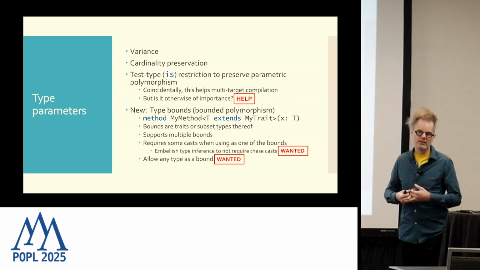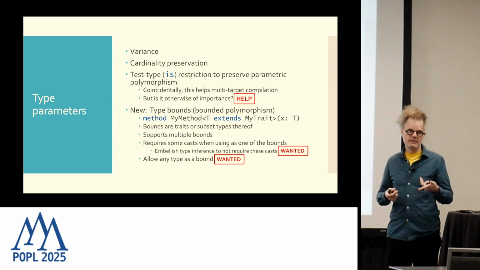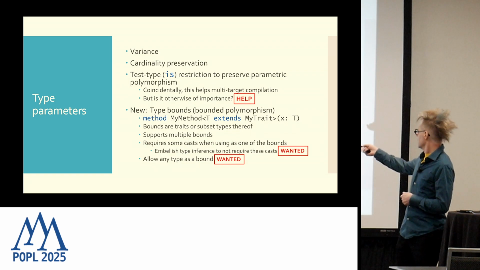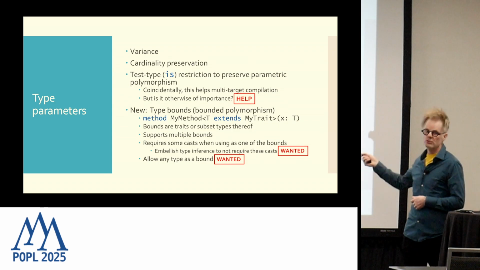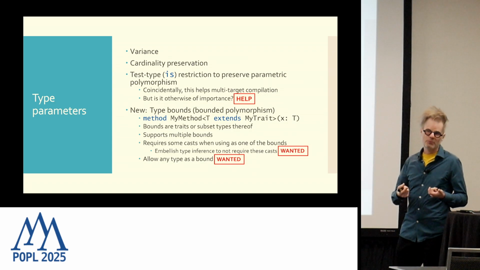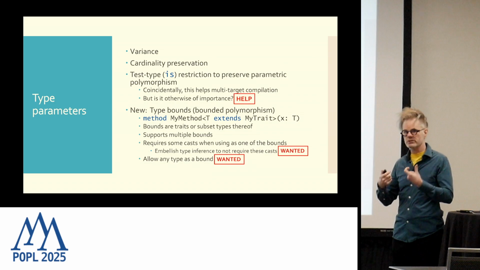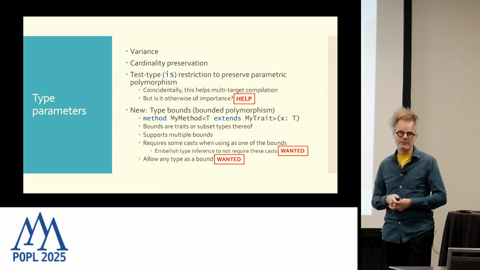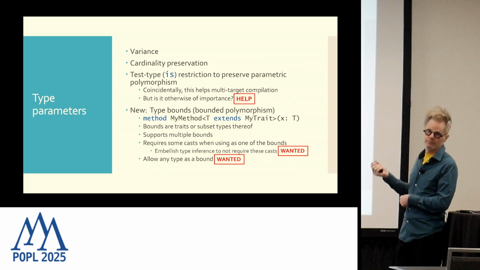Now, there are a couple of things that are not as smooth as they could be. One is that x in this example is declared of type T, but perhaps you would like to use x as a MyTrait. Right now you have to do an explicit cast to be able to use it as a MyTrait, and that doesn't seem like it should be necessary. So that could be a perfect project for someone.